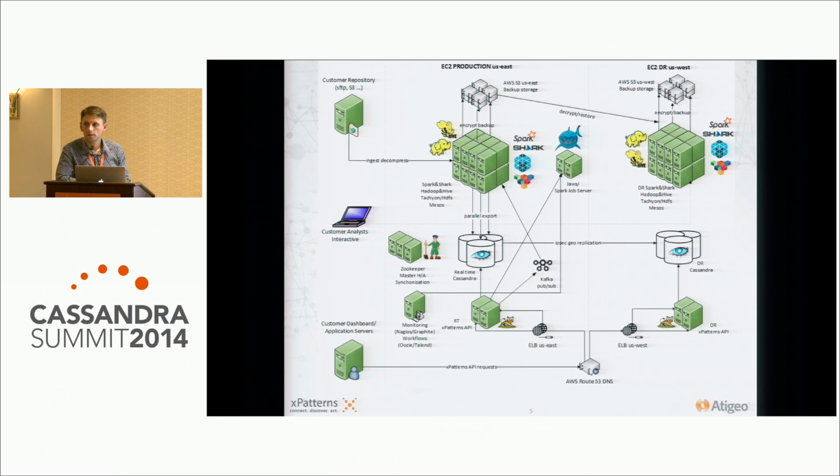Do you expose a SQL query layer on top of this at all? Have you looked at doing that, or is it just through the REST endpoints? So we have the REST endpoints for the data that's stored in Cassandra. And if you remember, on top of the warehouse, we have Spark SQL or Shark and Hive side by side, and Tachyon files.